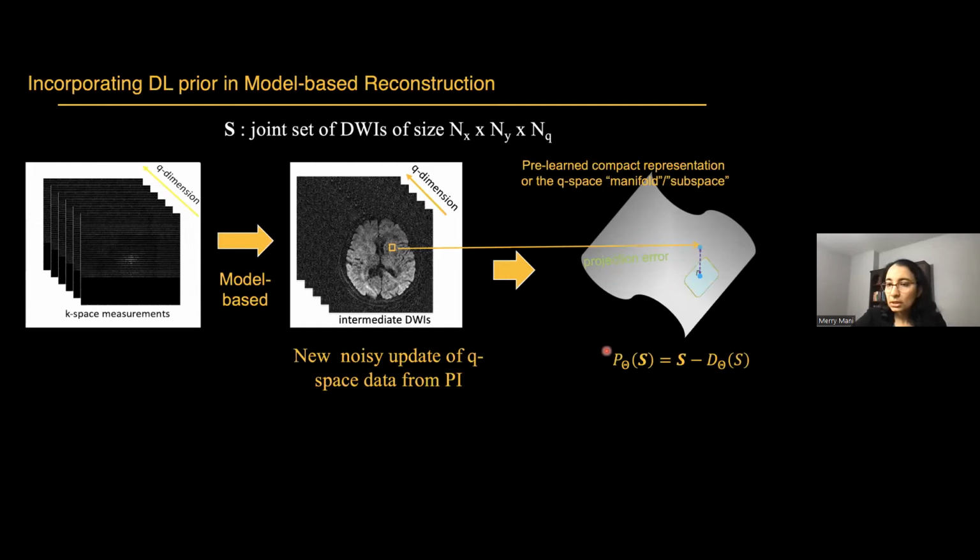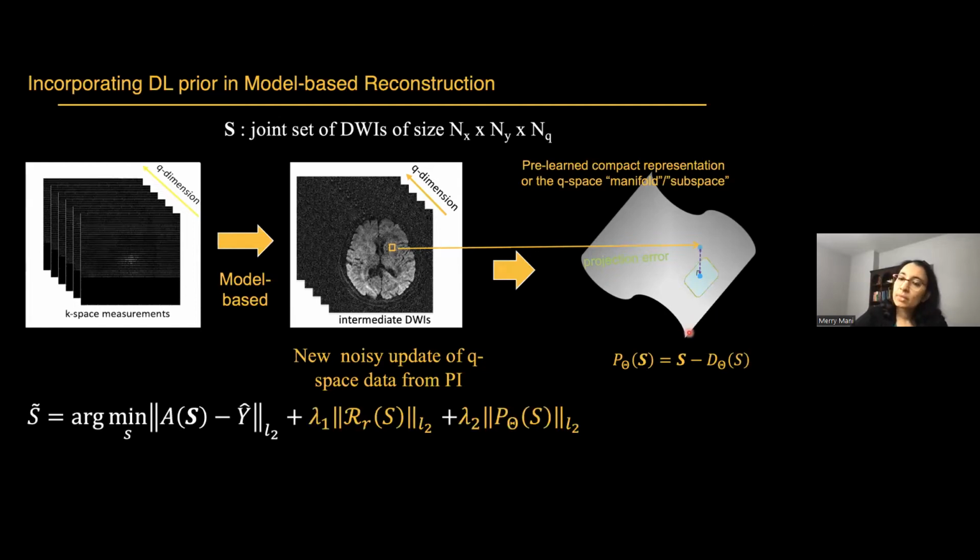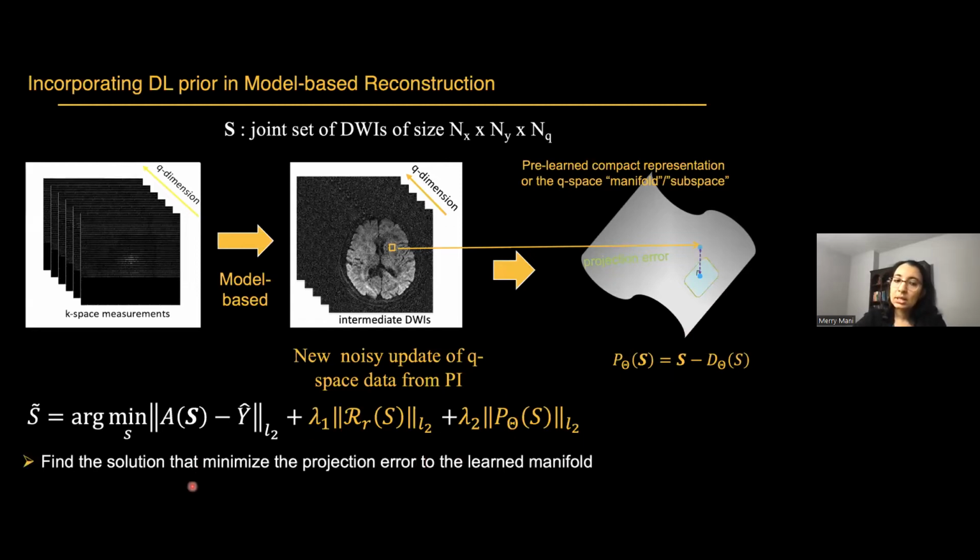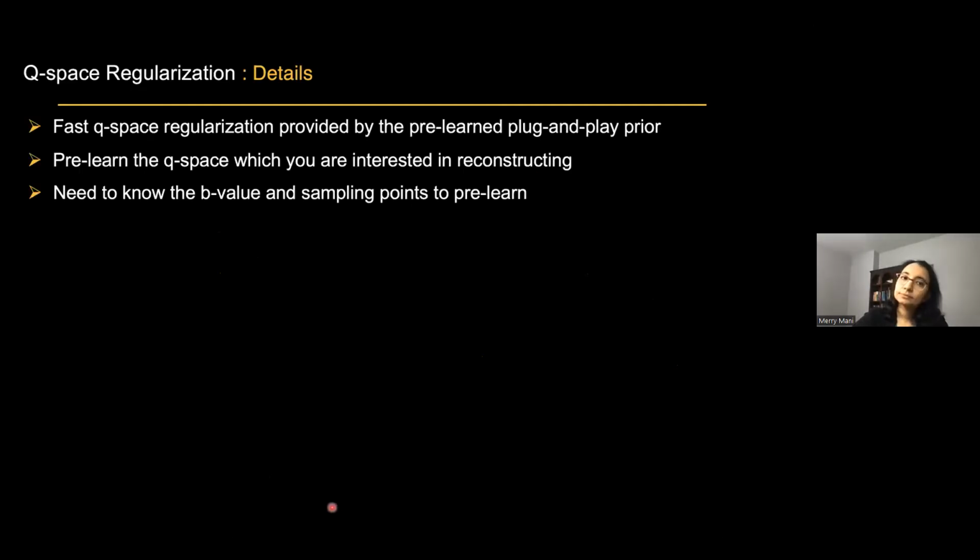The p theta is the projection error from the manifold on which the data belongs. We incorporate that projection error into our cost function, and the goal of our reconstruction is to find the solution that minimizes this projection error to the pre-learned manifold. We can solve this cost function using solvers such as plug-and-play ADMM methods.